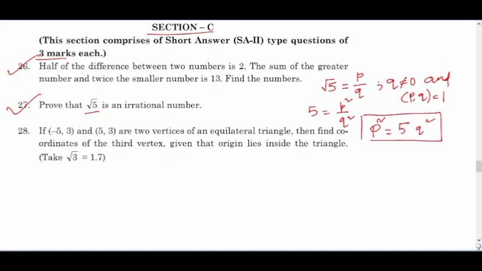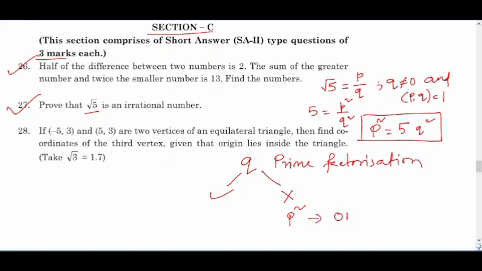Now we will give an argument on this. Now q square, we will do the prime factorization. Here two possibilities will be there: either it has 5 as a prime factor or it does not have 5 as a prime factor. If q does not have 5 as a prime factor, then p square will have 5 as a prime factor just once, because p square equals 5 into something.